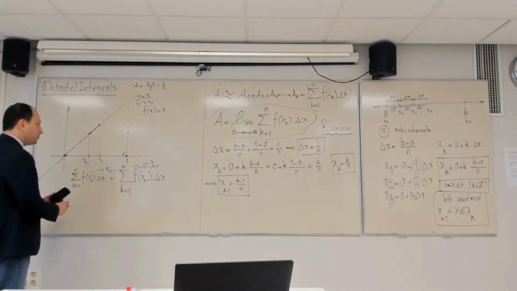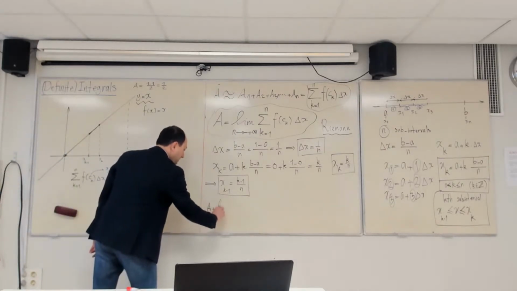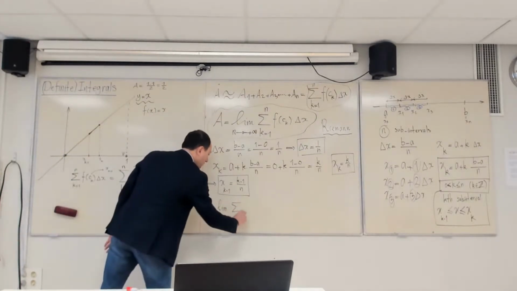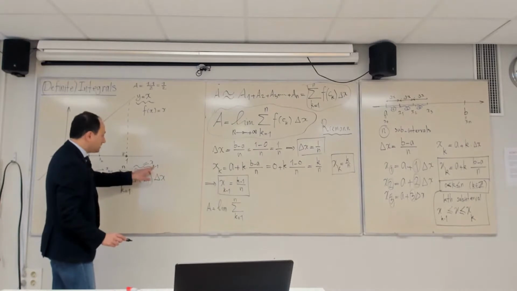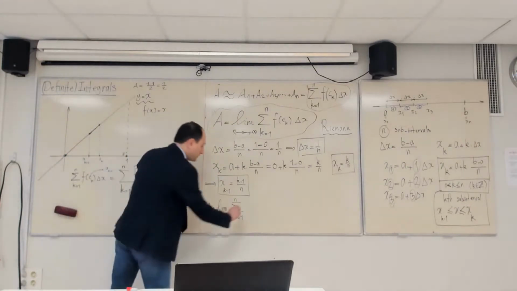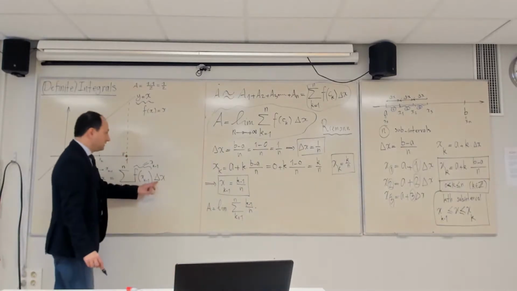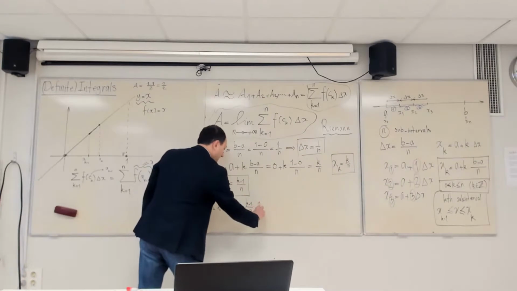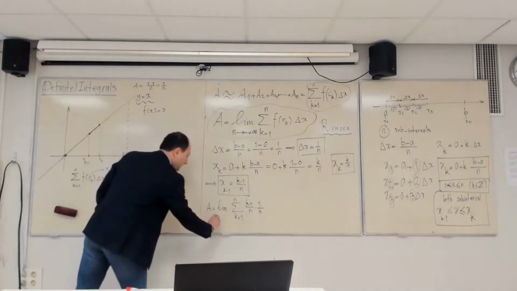So let me put everything here. The area that I'm looking for is the limit of this sigma, k goes from 1 to n, where I replace x sub k minus 1 with this expression, multiplied by delta x, which is 1 over n, and n goes to infinity.